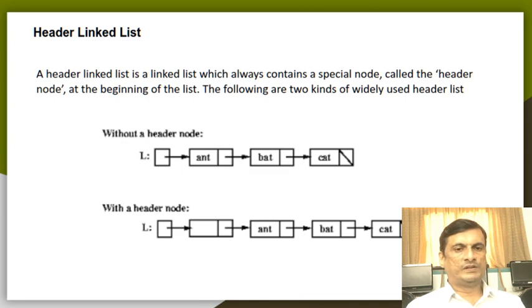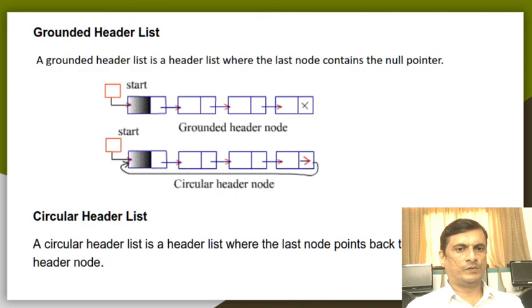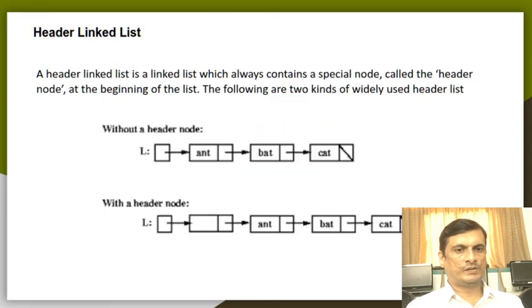After concluding with the circular linked list operations, we'll define the header linked list, followed by the grounded header linked list. Circular linked list was already explained, which concludes that explanation. What do we mean by header linked list?